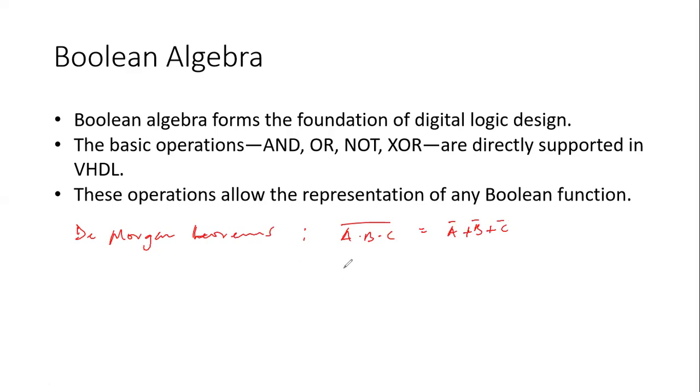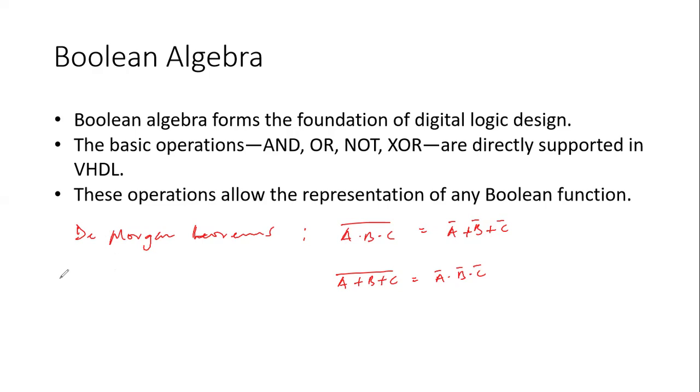And the second law states that the sum of the complements is the same as the product of the complements. So with this, we could simplify basic circuits, regardless of how large. And let's look at one example which we already looked at before.